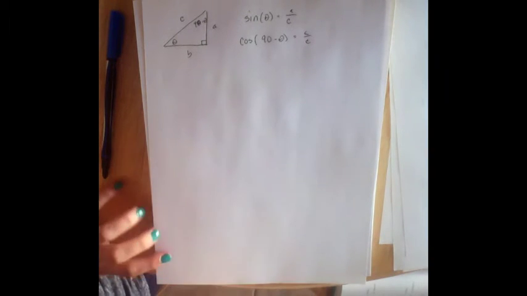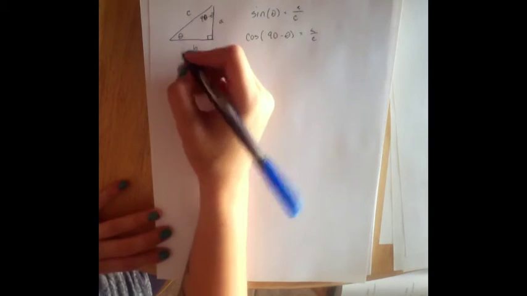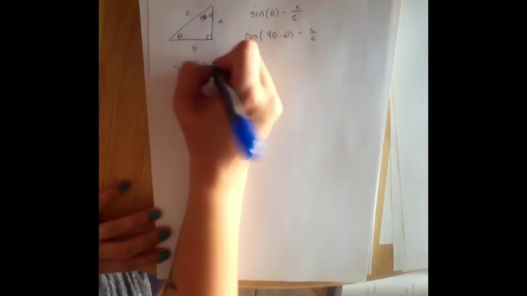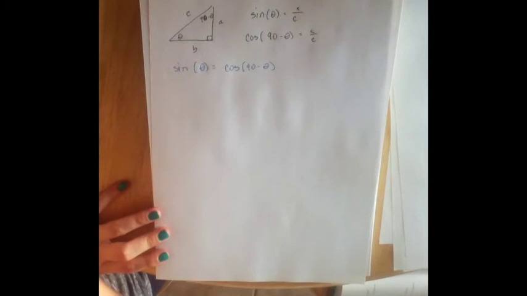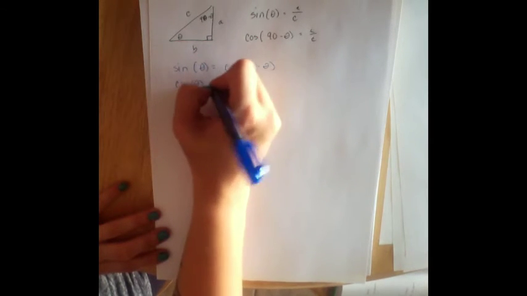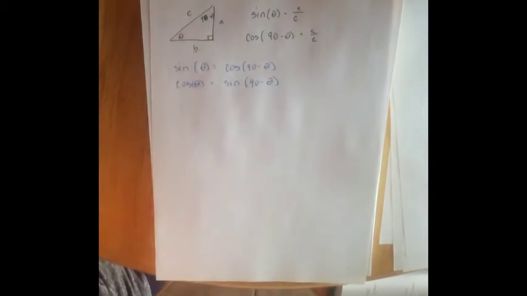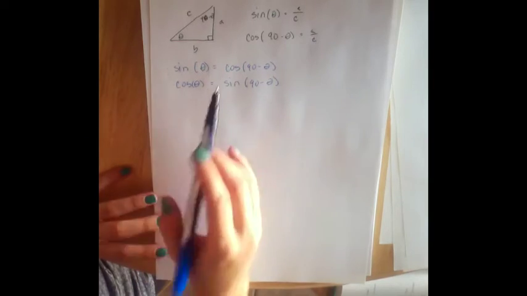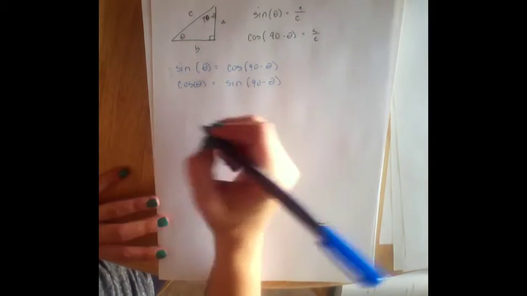This leads into a couple of our identities. The sine of theta is equal to the cosine of 90 minus theta. And the cosine of theta is equal to the sine of 90 minus theta. Now I'll show you in a little bit how we're going to use these. But for now you need to know that you have to memorize all of these. They're very important.